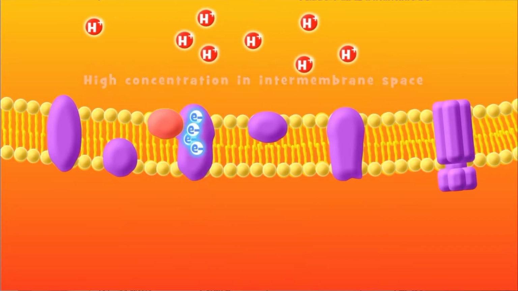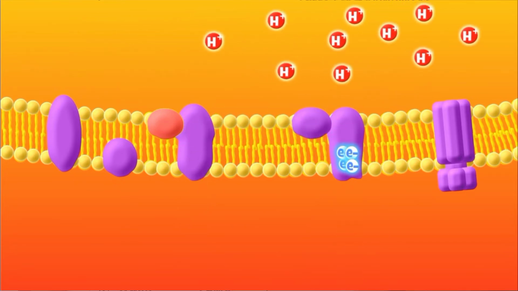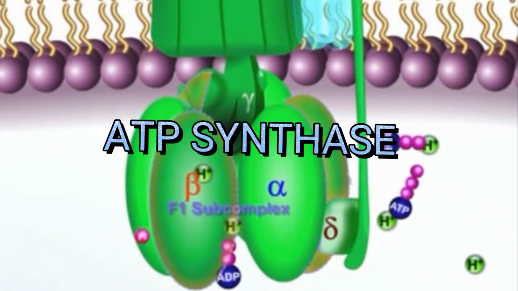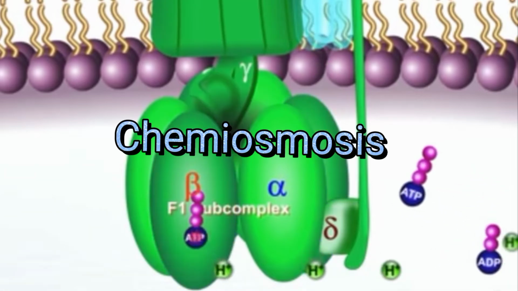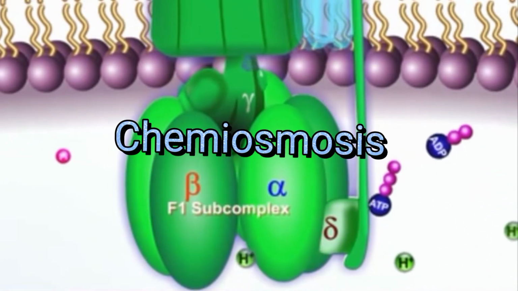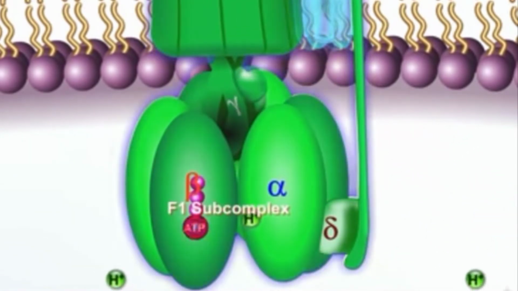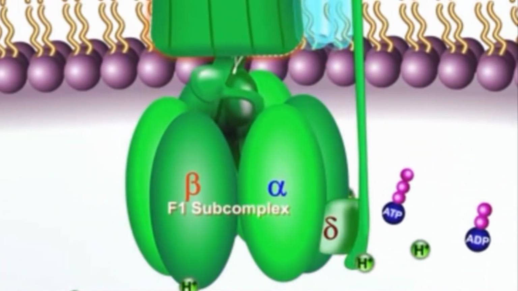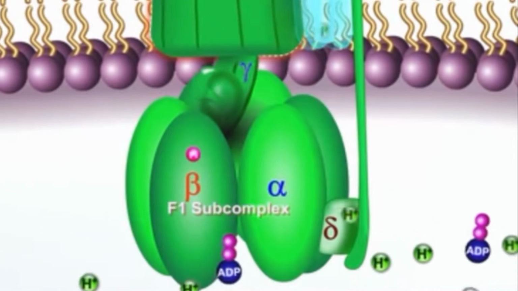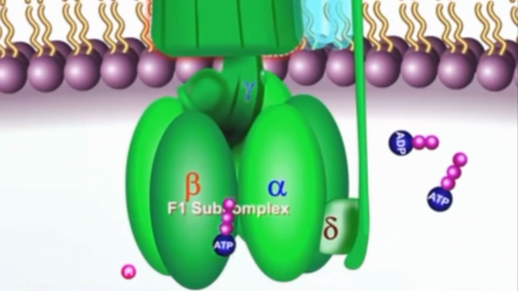Protons return to the matrix through the transmembrane enzyme ATP synthase. This diffusion of ions is called chemiosmosis. All the ions pass through ATP synthase and trigger a phosphorylation which produces ATP from ADP and inorganic phosphate.